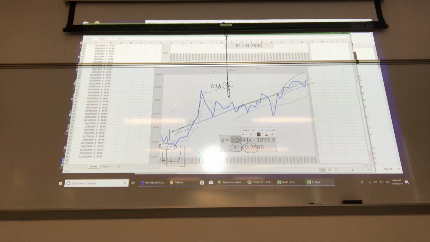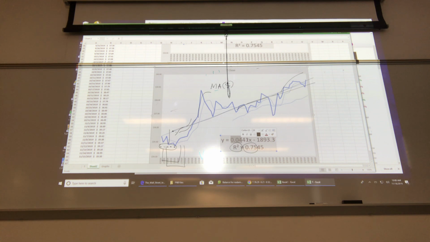Is this good or bad? It's not that bad, it's not that good. It's somewhere in between. But if the R squared is very low, that means that the line doesn't mean anything to me. If the R squared is very high, 90 to 95%, this means that I will pay attention to the line.